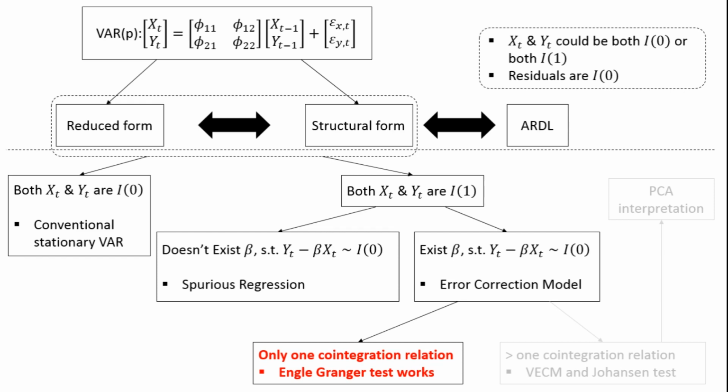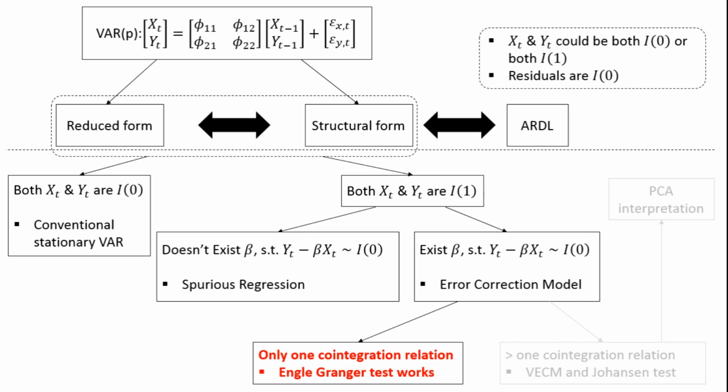In the case in which our two variables are stationary, we have a conventional stationary VAR. In the case in which our two variables are integrated of order 1 and not cointegrated, we have a problem of spurious regression, and in the situation of cointegration, we need to estimate an error correction model.